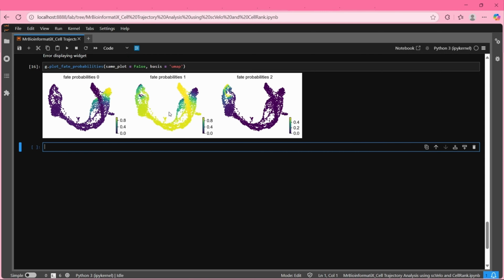This likely represents the dominant or default differentiation path in our dataset. These cells are biased toward the same terminal state, a major mature cell type. And for fate 2, only a small subset, in the top left corner, is yellow, meaning that only a few cells are committed to fate 2.